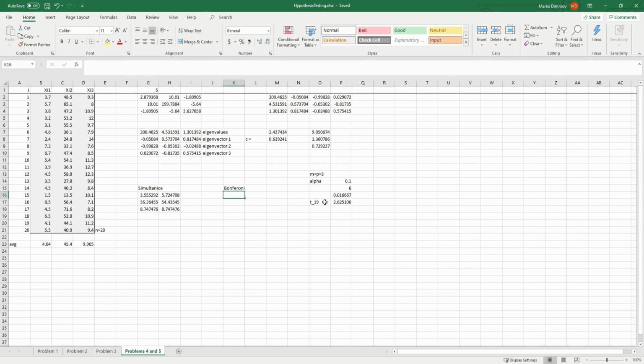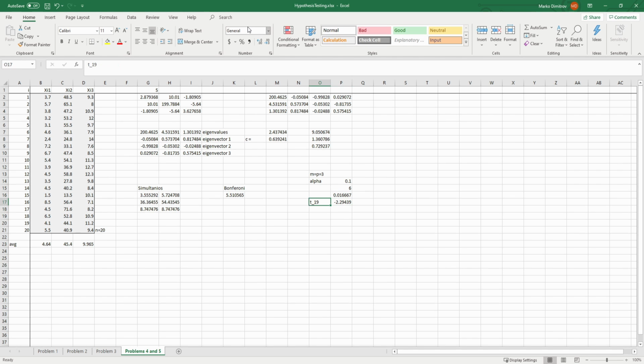And now we can compute Bonferroni confidence intervals. So we have the sample mean minus t times the square root of s_ii divided by n. Okay, here we actually do not need two tails.